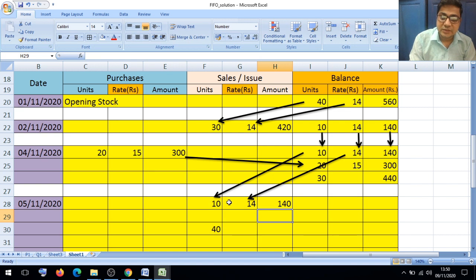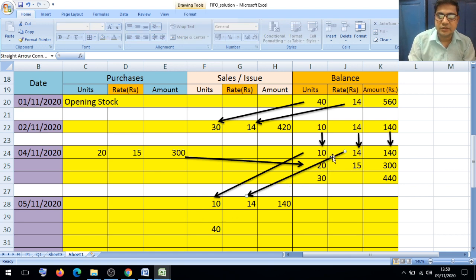But still we have to sell 30 units. It's not possible, because we want to sell 30 units.